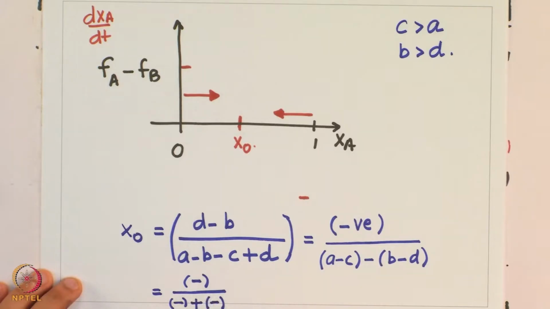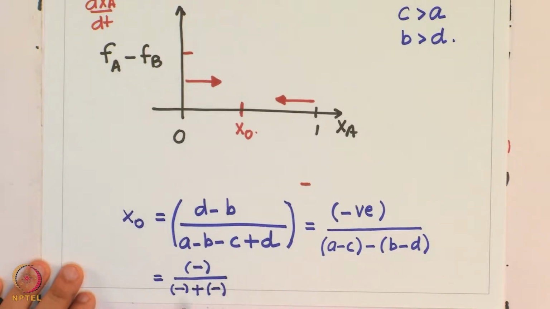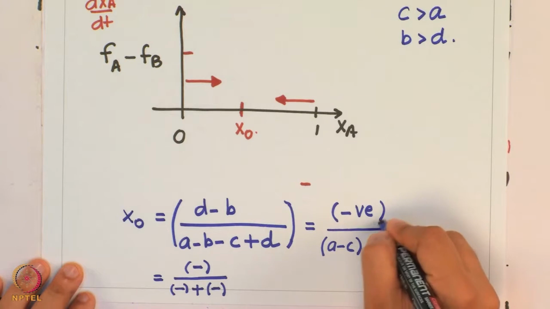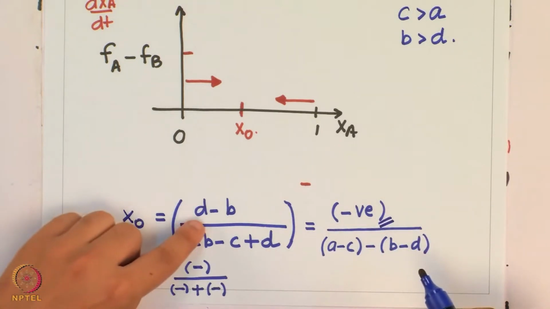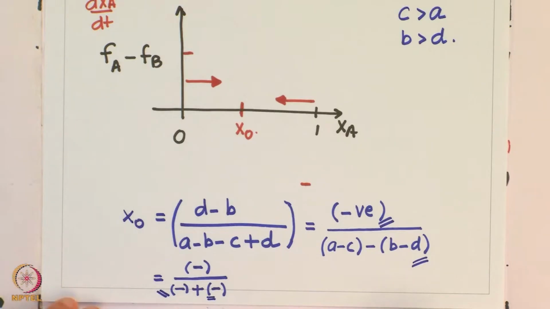So, what this tells me is that x naught is actually a negative number divided by two negative numbers, and the magnitude of the denominator is more than the magnitude of the numerator, because in the numerator here is d minus b, and in the denominator this term is essentially also d minus b, and to this d minus b we are also adding another negative number, hence the magnitude of the denominator is more than that of the numerator.